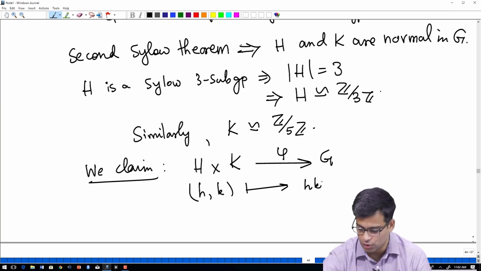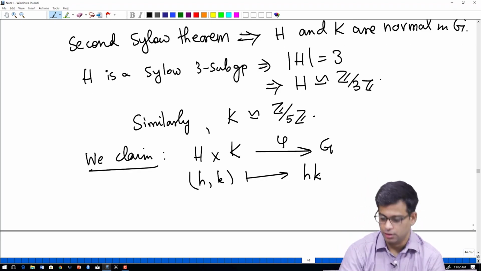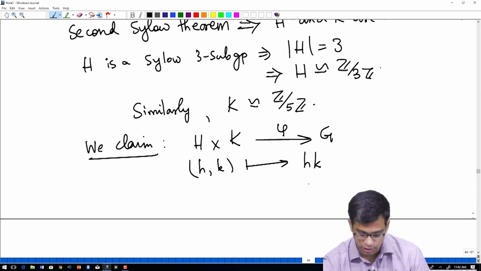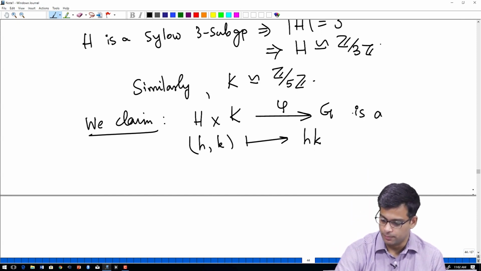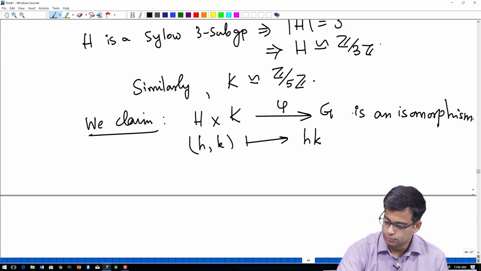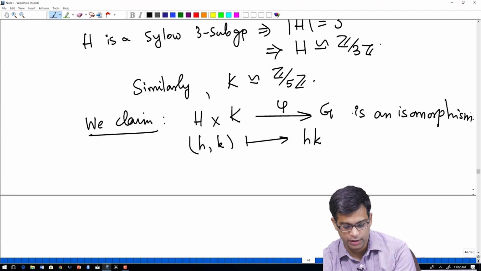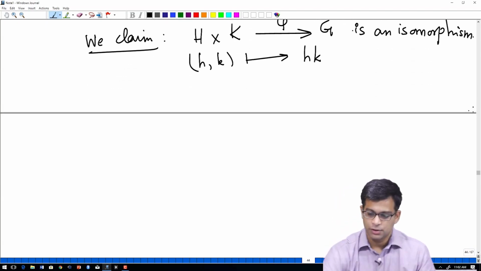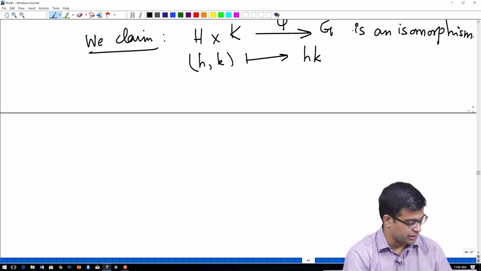Here h and k are elements of capital H and capital K, but capital K and capital H are subgroups of G, so small h and small k are elements of capital G. So, I can multiply them. I claim that this is an isomorphism. And remember, this proves that any group of order 15 is isomorphic to Z mod 3Z cross Z mod 5Z. So, to prove that phi is an isomorphism, we need to show several things.